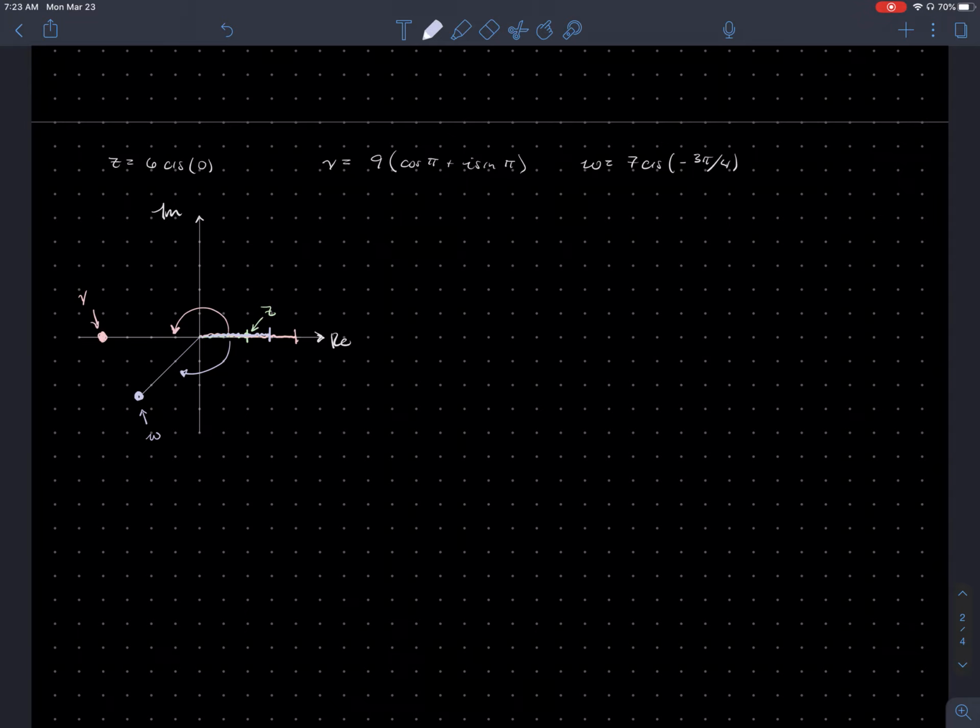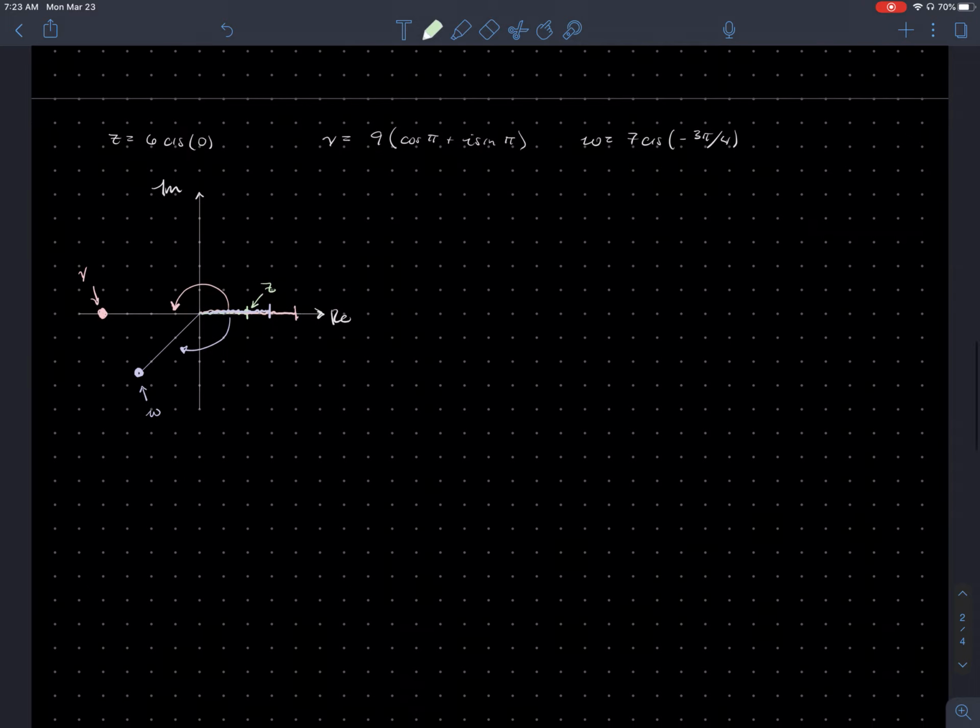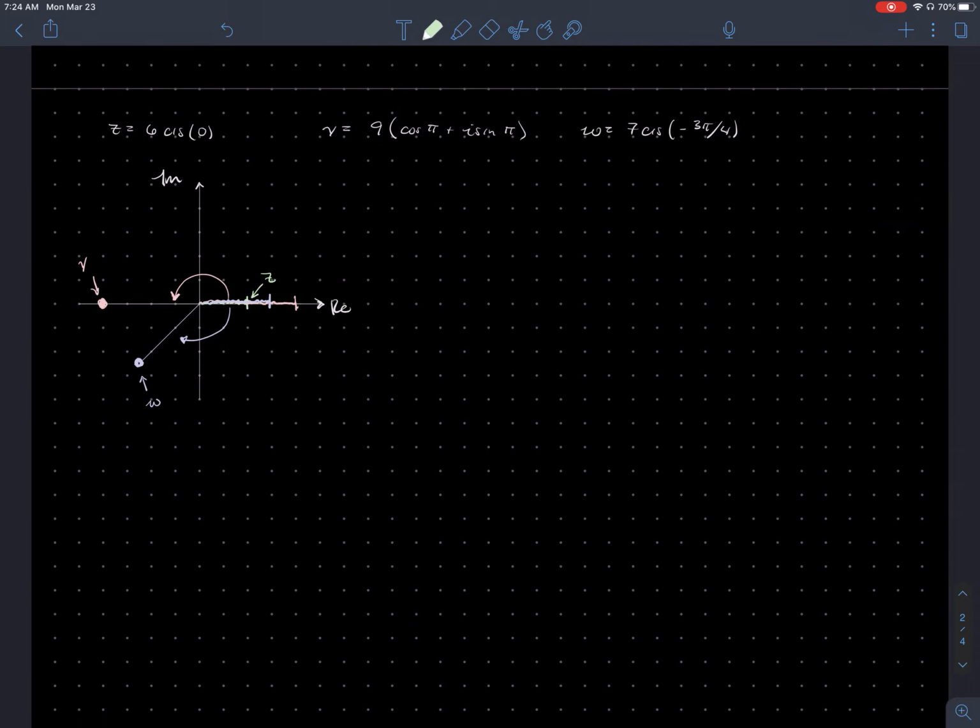Okay. Now let's analyze everything. So first with Z, when we're identifying our modulus, we're simply identifying it from the number itself. So it's just that leading coefficient. So our modulus is 6.